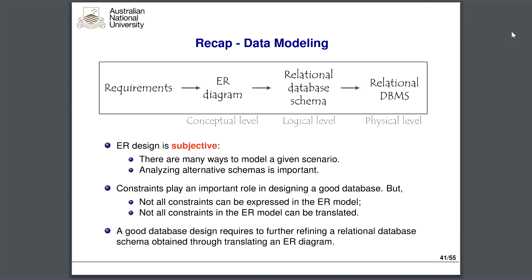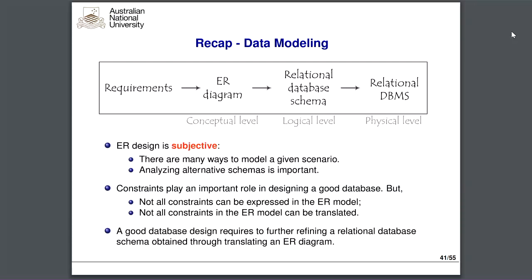And then the physical level is where we store and manage these data sets. ER design is subjective, meaning that there are many ways to model a given scenario or goal. Analyzing alternative schemas is important. Maybe some are more efficient, some are less efficient, depending on what we want.